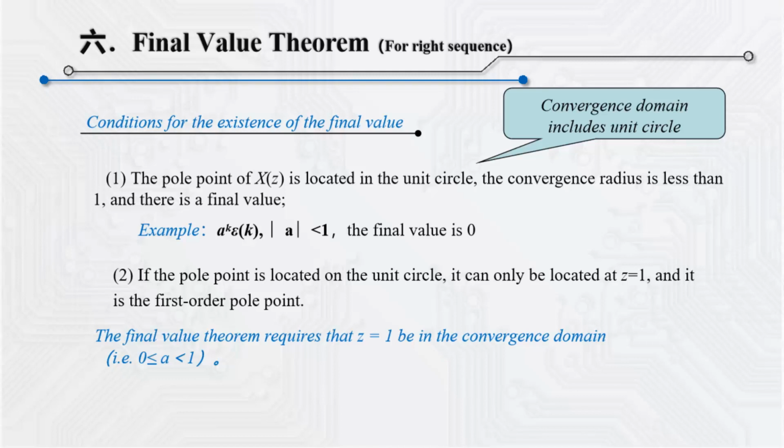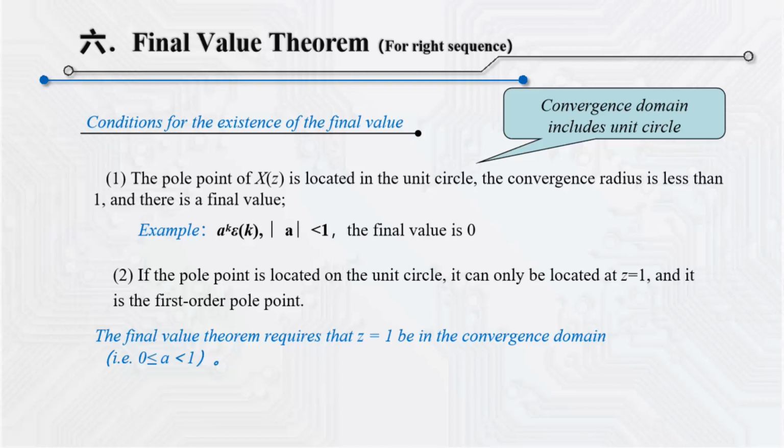If the convergence radius is less than 1, then the convergence domain contains the unit circle and the final value exists. This is a very useful rule, and it is also a very intuitive rule. We can use the distribution of poles to determine whether the final value exists.